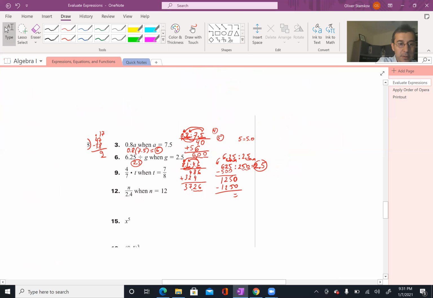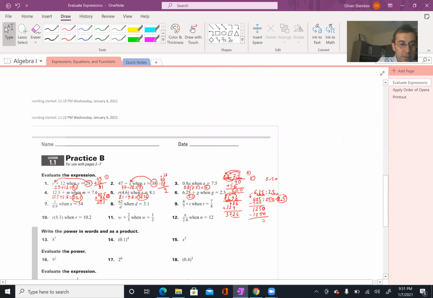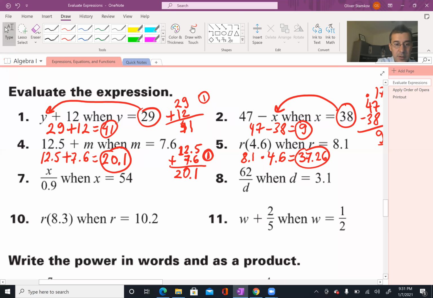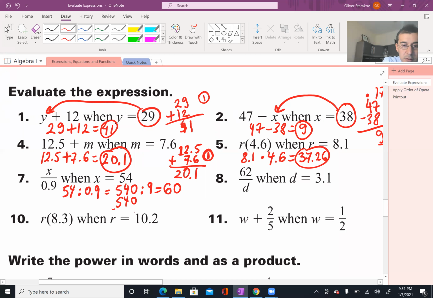And let's go to number 7. Number 7 is division again. That's 54 divided by 0.9, which is the same thing as 540 divided by 9. 6 times 9 is 54, and then there's the 0, so there's no remainder.